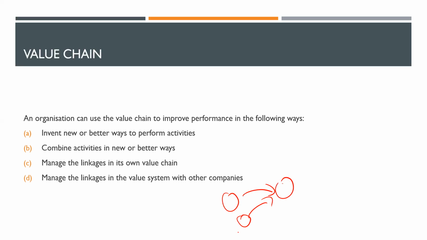So maybe we need to talk to our suppliers to discuss the level of quality that we need. We need to discuss how fast we need our supplies to be made, and that would help the suppliers to deliver better value to us, and this means that they will be able to have that margin better.